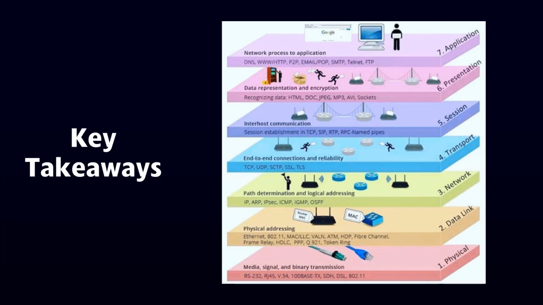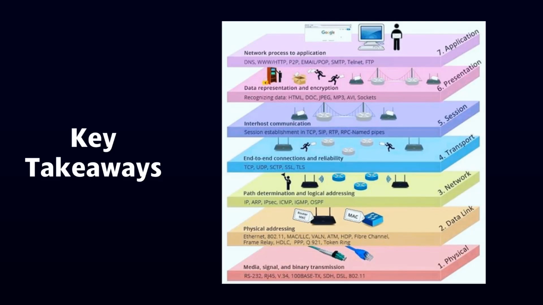Okay, what are our key takeaways from the OSI model? Well, the OSI model is a conceptual model that was brought to us from the International Organization for Standardization. It essentially breaks down networking into 7 categories called layers, and you see the layers in front of us here. This is a really good chart, and I would certainly recommend screenshotting it and printing it out, because this hits the gist of what's going on with the OSI model.